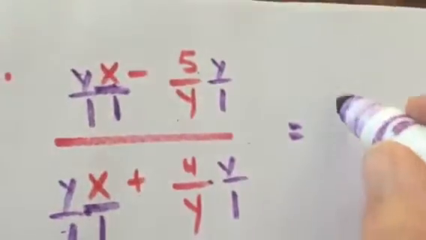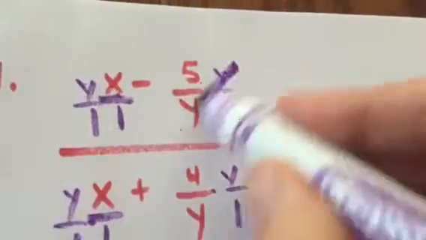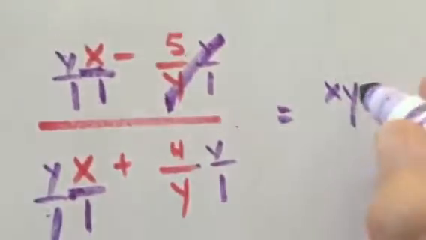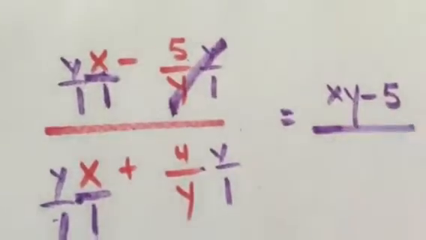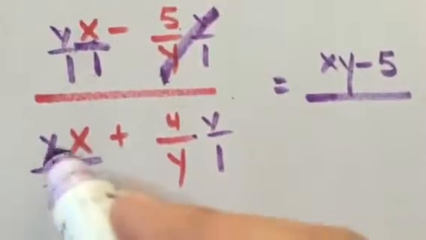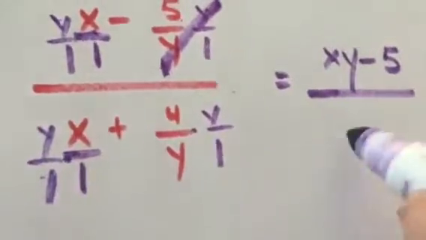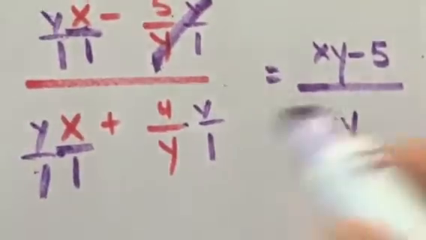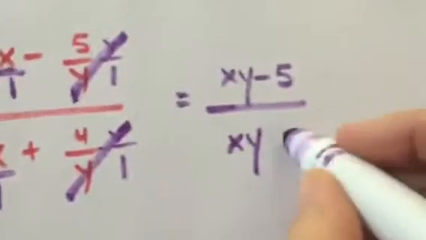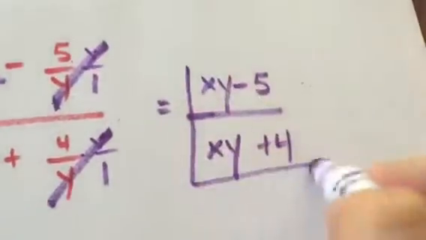Nothing cancels here on the diagonal. So I just have y times x, which is xy. Here the y's cancel, love that. So I have minus 5. Here nothing cancels, so I have again y times x, which is xy. Here the y's cancel, so I have plus 4. That's your answer right there.